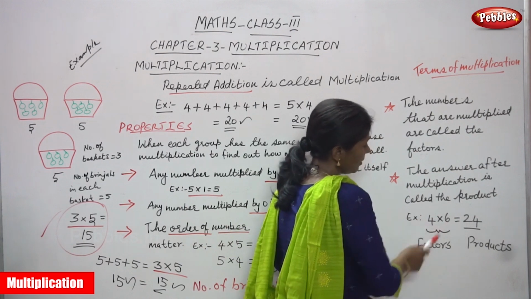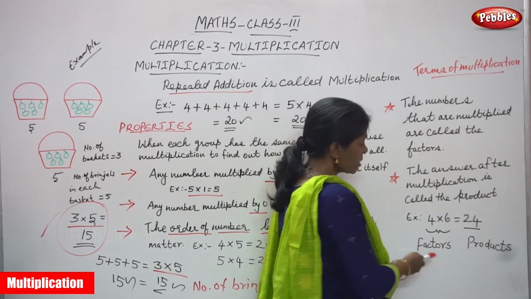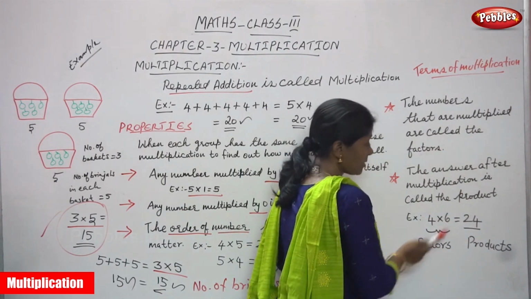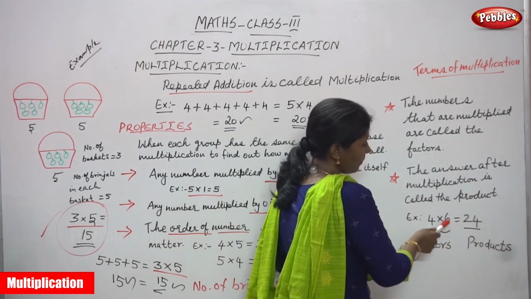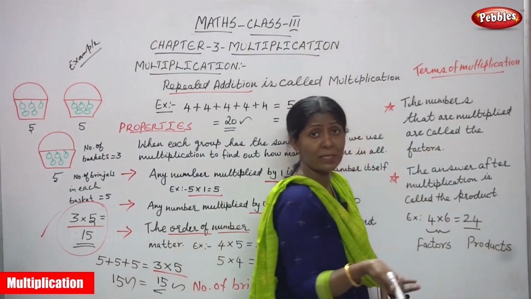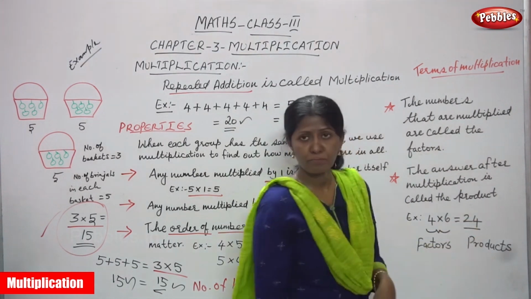These two numbers that are multiplied are called factors, and the answer after you multiply 4 into 6, that answer is called a product.